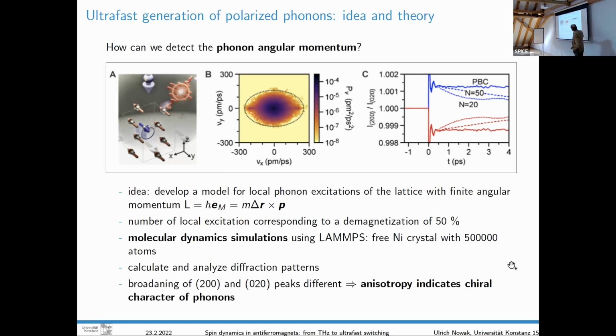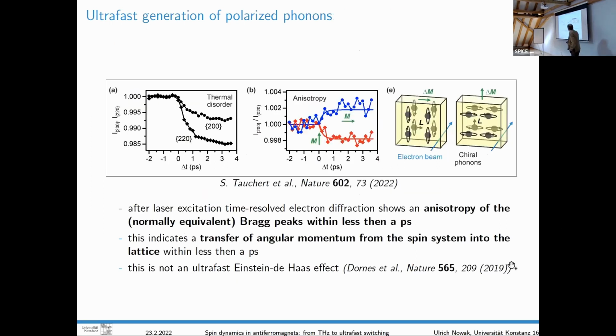So we calculated the anisotropy of nominally equivalent Bragg peaks because of the motion in our molecular dynamics simulations. And that is then the measurement. They tried exactly the same thing. What they did in the experiment is they used an external field to switch the magnetization, pointing once in plane in this direction or in that direction.